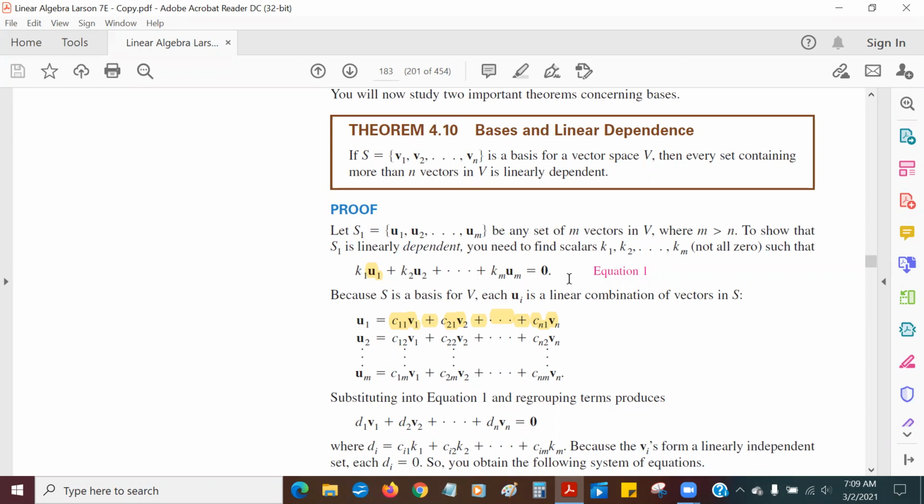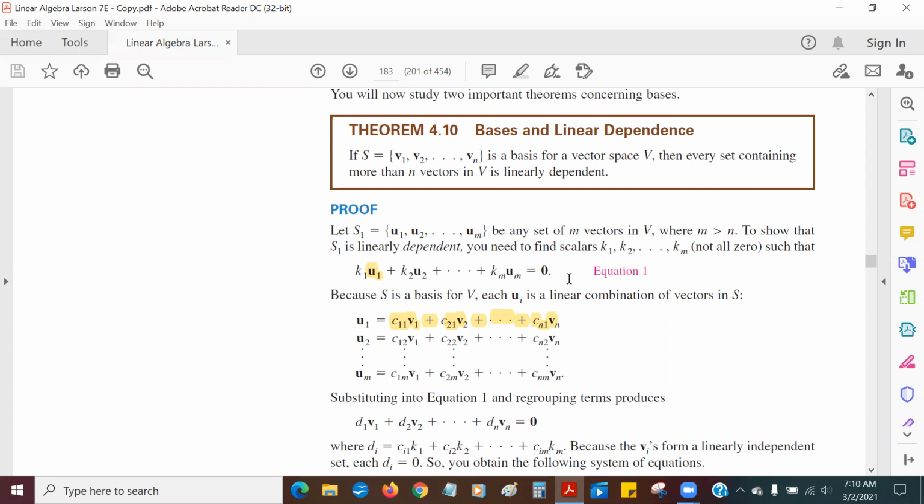And we have to show that it's possible to do this in a way where the k's are not all zeros, because if it's independent, then the k's would have to be all zeros. If it's possible to make at least some of the k's non-zero, that's our goal.